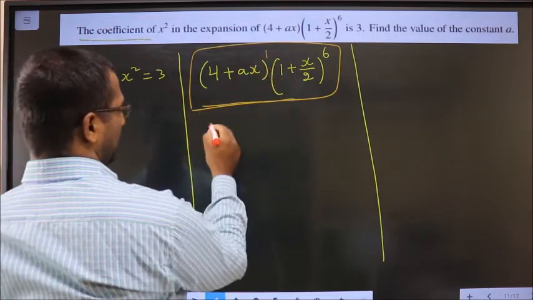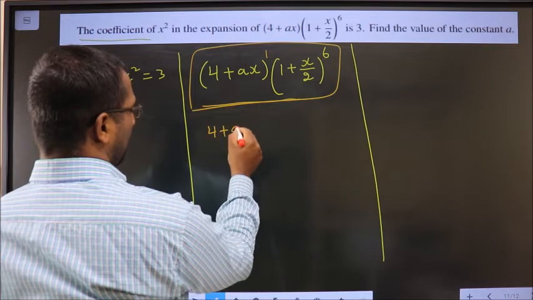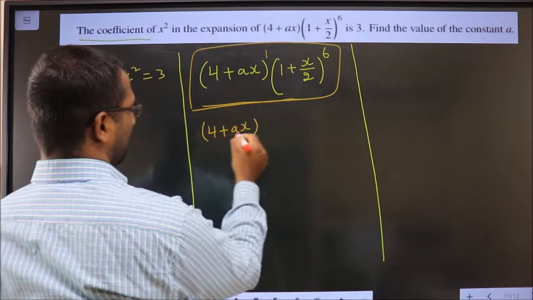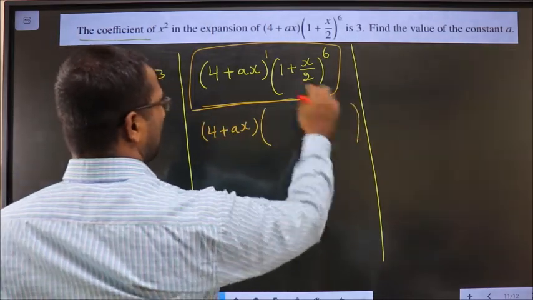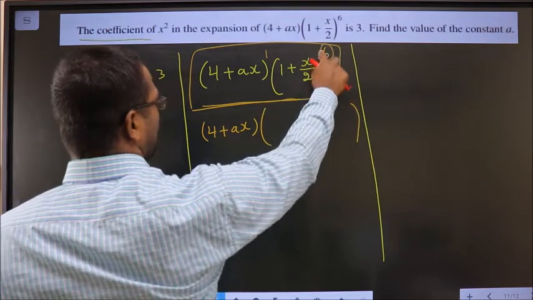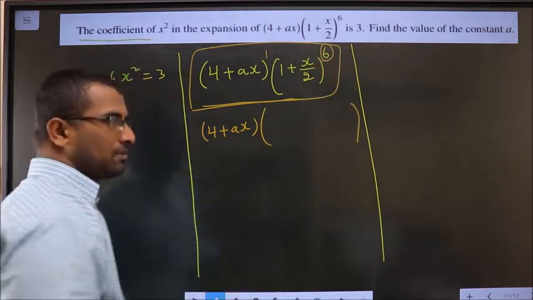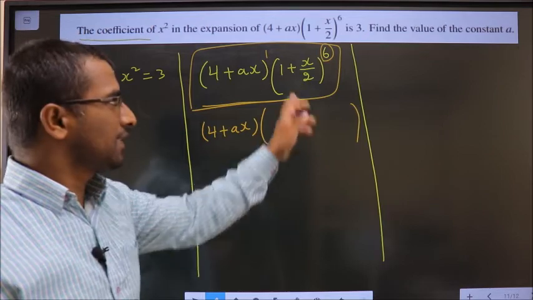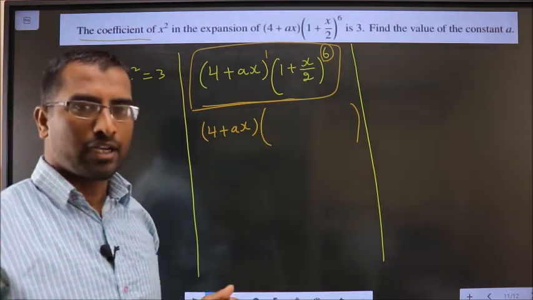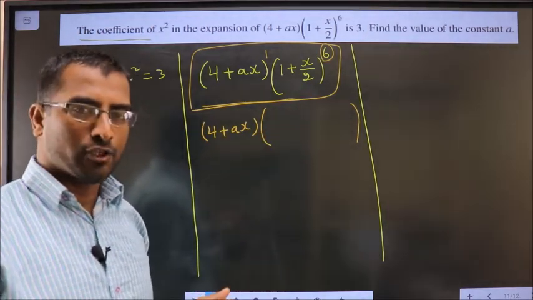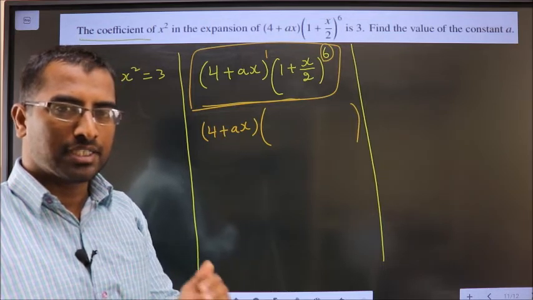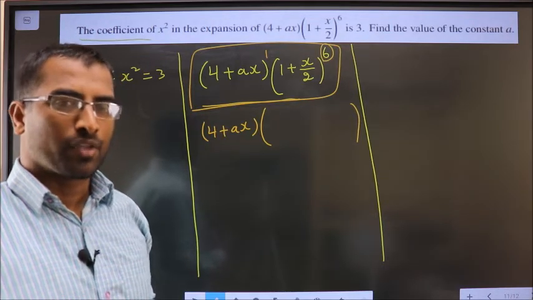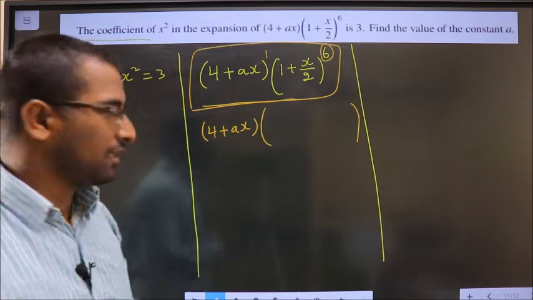This bracket has got power 1, it will not undergo any change. Now, this bracket has got power 6. So many terms I will get in this expansion. I don't need to write all the terms, I only need to write those terms which result in x square. Now, how do I decide that?